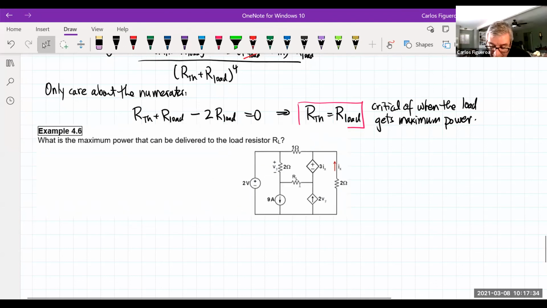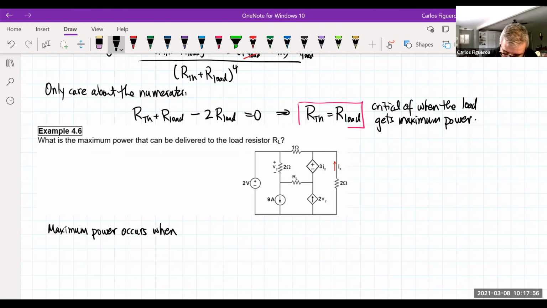We want to calculate the maximum load or the maximum power to the load circuit here. So what do I got to do? That means here we know that maximum power occurs when RL equals RTH. So that's what we got to do. We got to go calculate that.